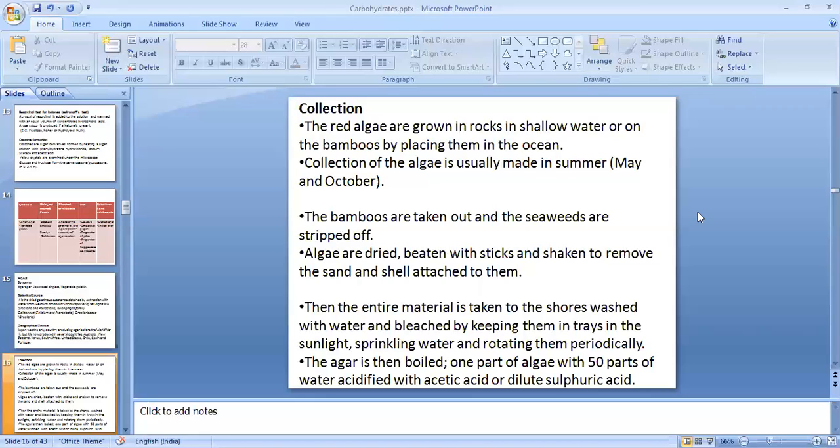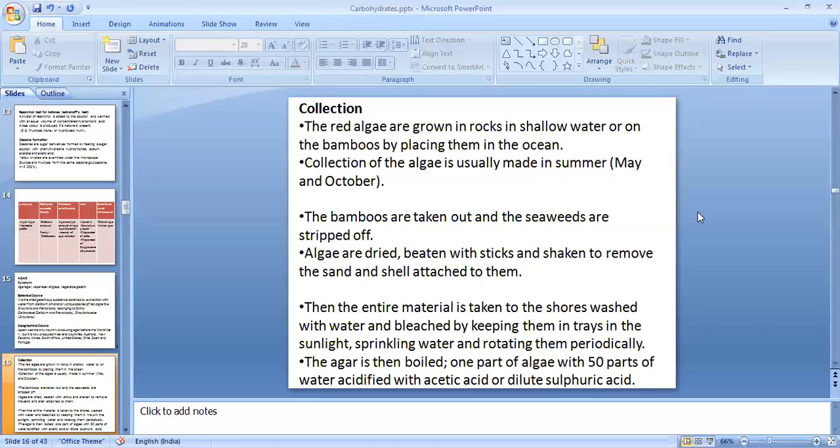The entire material is taken to the shores, washed well with water, and dried under sunlight, where bleaching also takes place. During drying, sprinkling of water and rotating them periodically is essential. After drying, the agar is boiled with water or dilute acidified water, acidified using acetic acid or sulfuric acid.